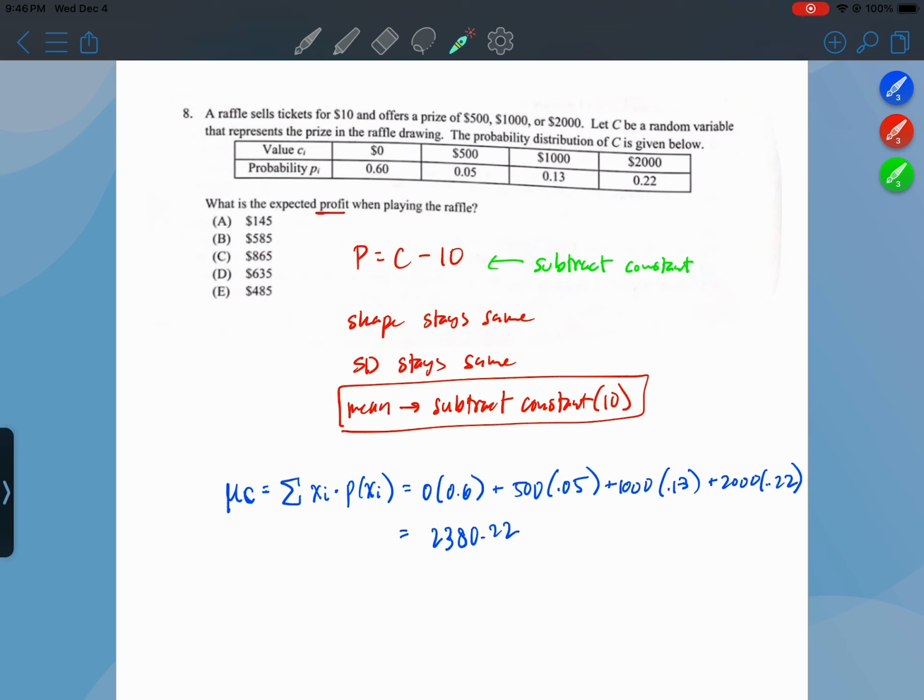It's the expected prize amount. But for the profit, we have to subtract the $10 we paid for the ticket. So in other words, the mean of P, the profit, is going to be $2,380.22 minus the $10 we spent, which is $2,370.22.